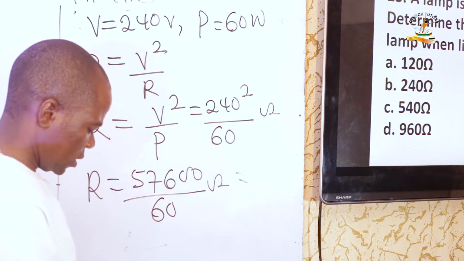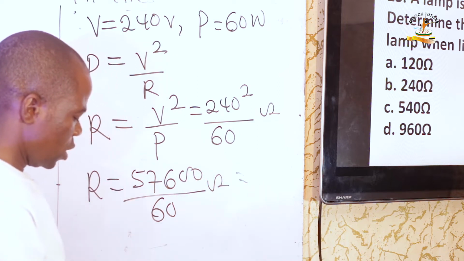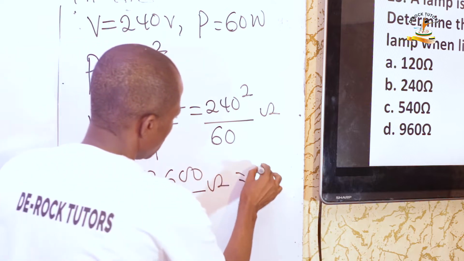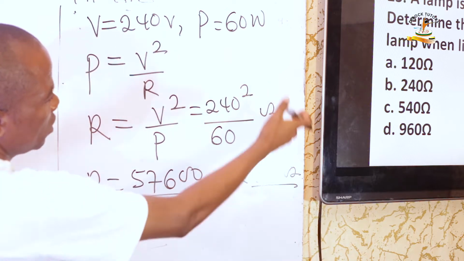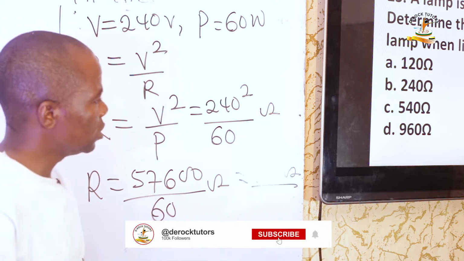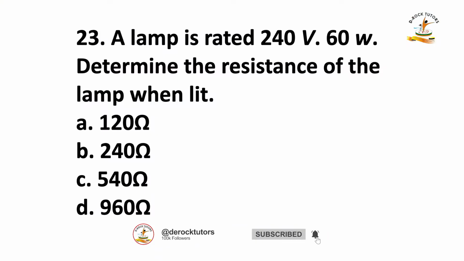And when we divide by 60, we get 960 ohms. That is the correct answer. If you look at the options, that is option D. So for number 23, the correct option is D.